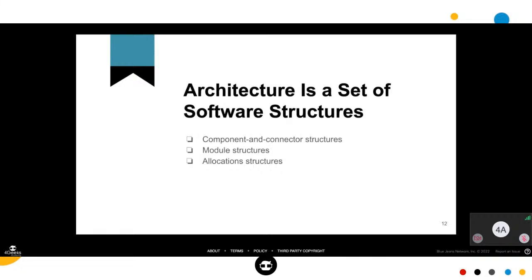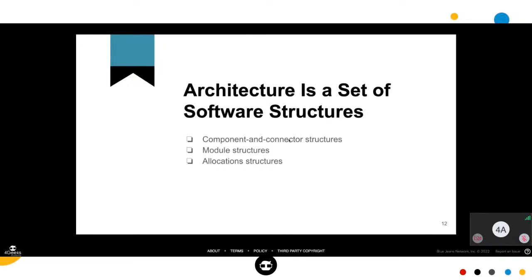Initially, we can divide them into three types. The idea is to see a high-level definition, but there is a lot more about each of these structures. Component and connector structures, module structures, and allocation structures. Okay, component and connector, what is this?